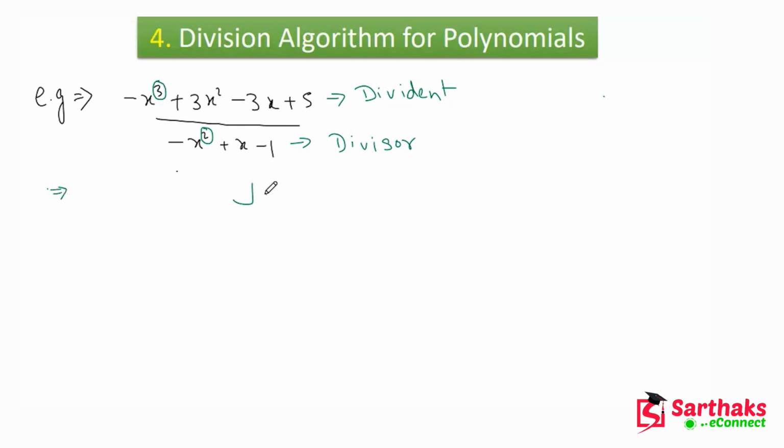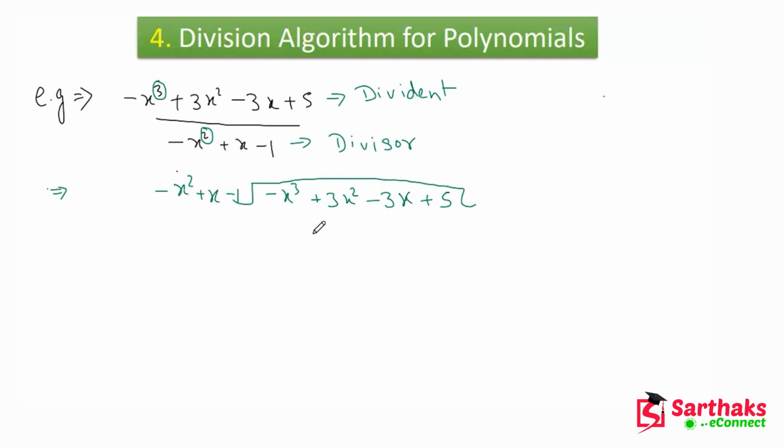Here is minus x cube plus 3x square minus 3x plus 5, and here is minus x square plus x minus 1.